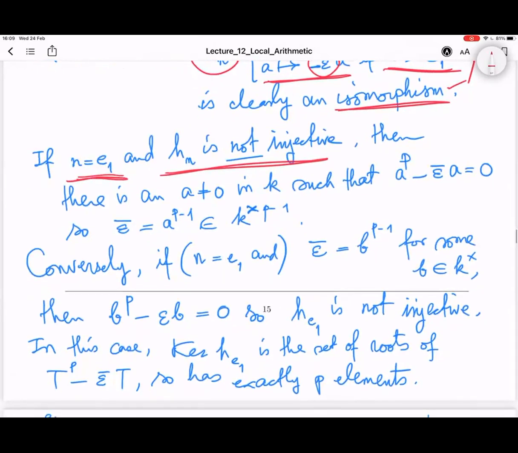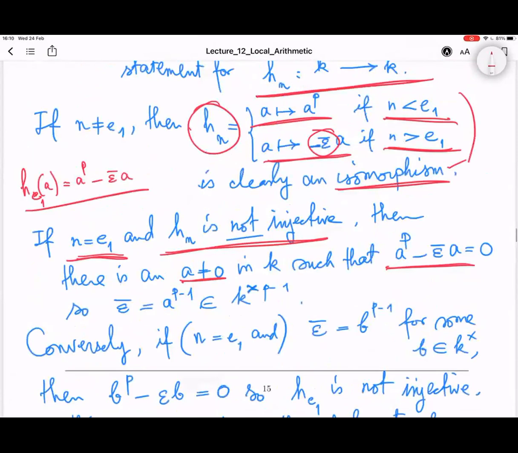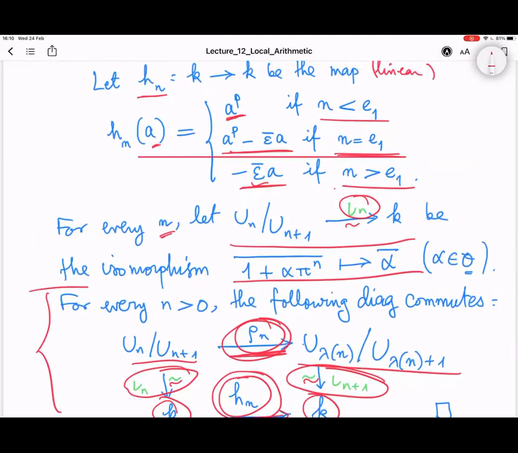That means that there's an a such that a to the power p minus epsilon bar times a is equal to 0. Because Hn in this case, H of e1, when n is equal to e1, is Hn of a equals a to the power p minus epsilon bar times a. That's what it was.